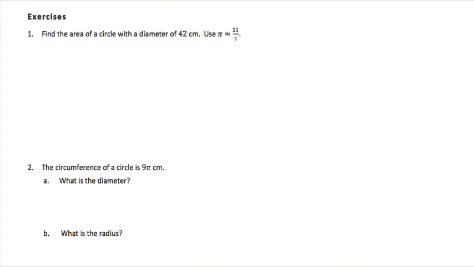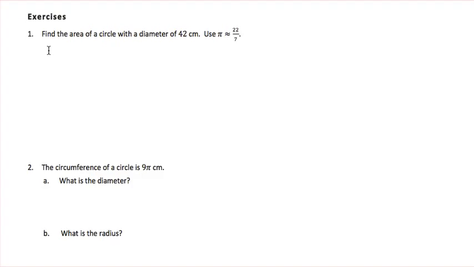So let's practice. First, we're asked to find the area of a circle with a diameter of 42 centimeters, and we're going to use 22/7 as the approximation for pi. So if the diameter is 42, we need radius squared times pi.